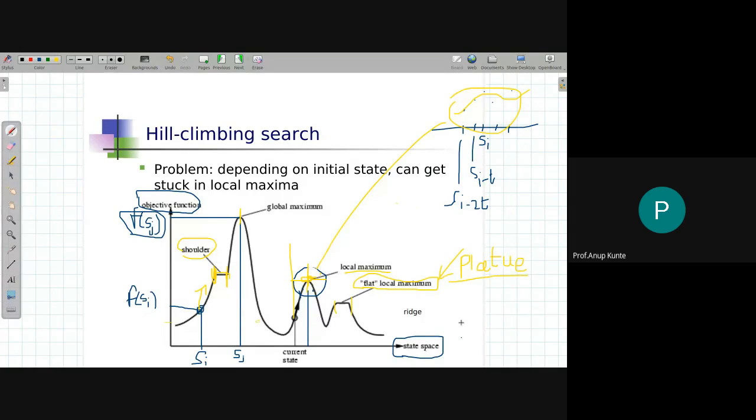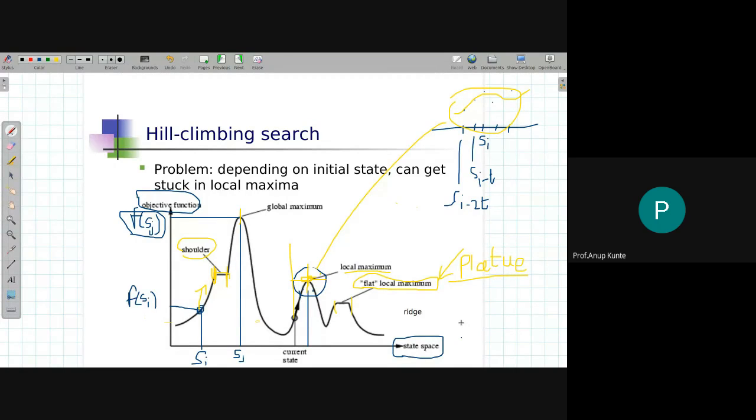Plateau means a horizontal or a gradient-less region. So there is no gradient. The region doesn't accelerate or decelerate. It's a fixed value across the region for the f function, that is the objective function. So these 3 issues are always there when it comes to hill climbing search.